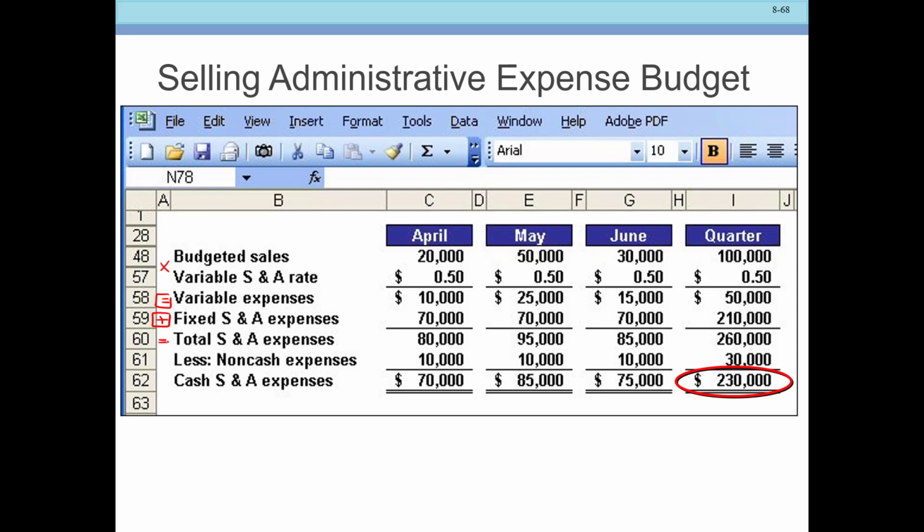So the total selling and administrative cost is, minus the part that is not a cash outflow, equal to the cash selling and administrative expenses. This is the amount that we are expecting to pay in cash for selling and administrative.